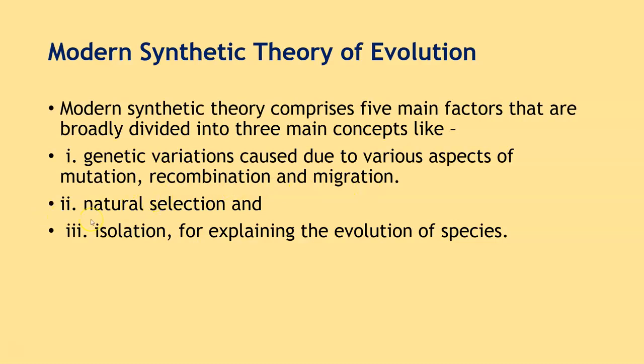The second factor discussed is natural selection, and the third is the mechanism of isolation for explaining the evolution of species. So according to the modern synthetic theory, these are the factors responsible for the evolution of new species. Let's see each of these individually.